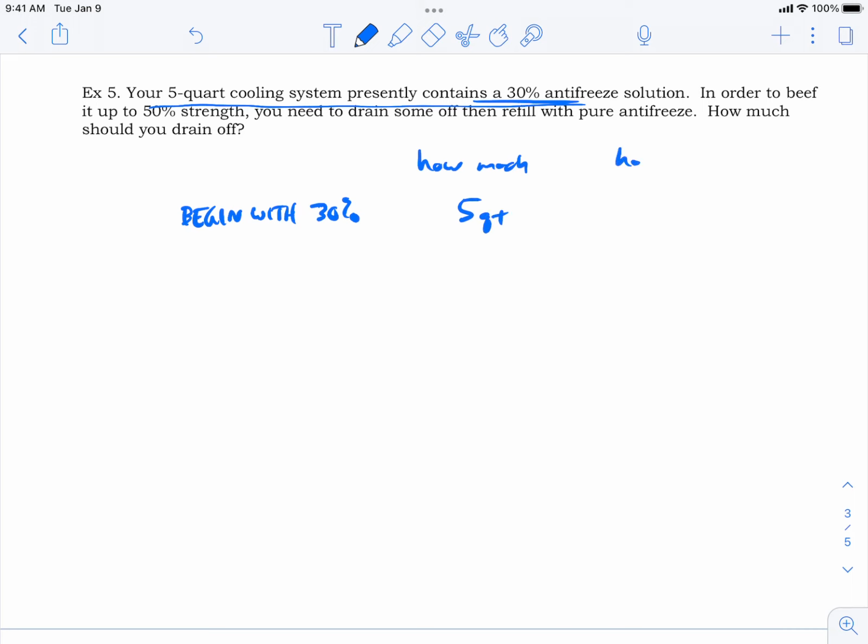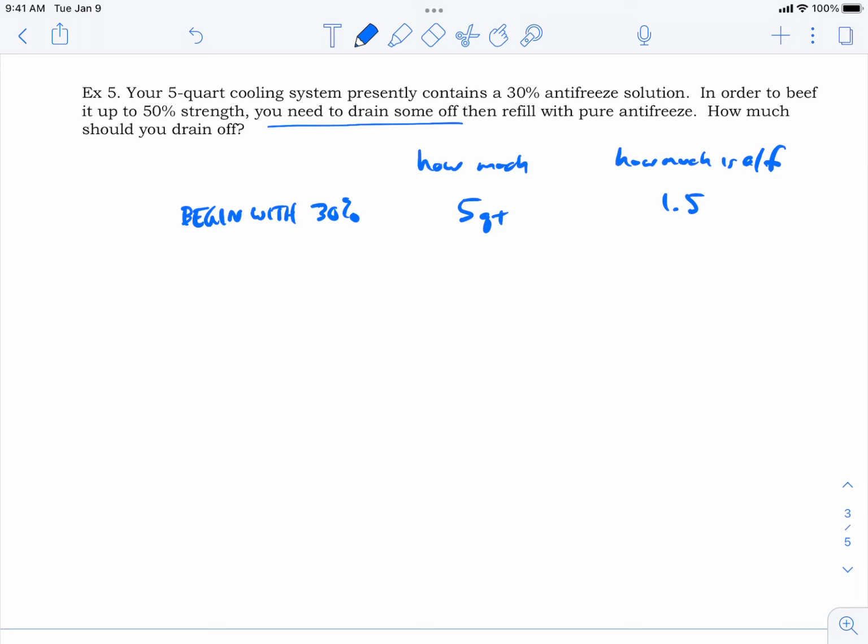And so how much is actually antifreeze? I'm starting to fill in the table even before I make it. But 30% of 5, you multiply 0.3 times 5, and you're going to get 1.5, right? So you just go 30% of this is this. Okay, cool. So you can kind of see a table starting to shape up here, even though I haven't made any more rows yet. So I began with that.